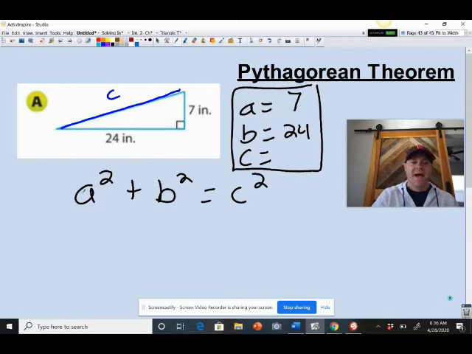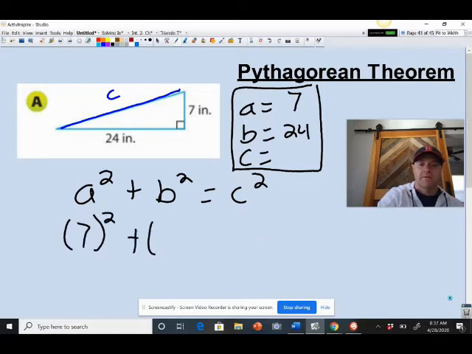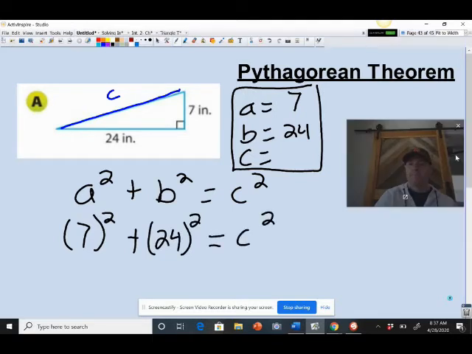A and B have to go here. You can't just float it over into the C area. So I'm going to say 7 squared plus B squared, and B is 24. All I'm doing is plugging these in, is equal to C squared right there.